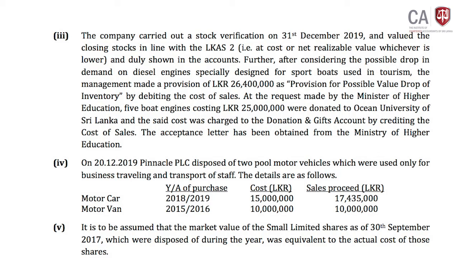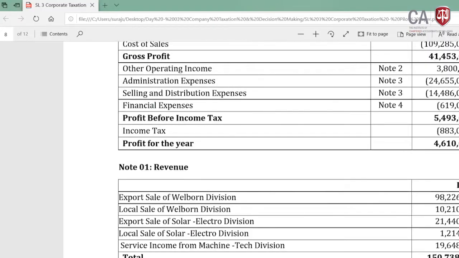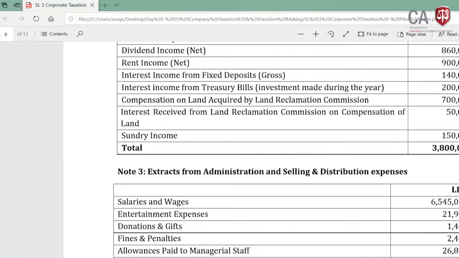But in the business income calculation, this should be disallowed. Now I am going again to the notes and we will see the donation and gift. It is 1,470,000, which should be disallowed.